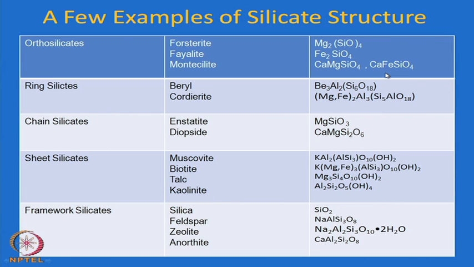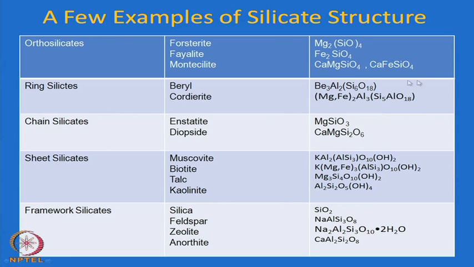It is a complex silicate. As you can see here, 2 Mg is satisfying the 4 charges, whereas here one calcium and one magnesium together satisfy the 4 negative charges of SiO4. So, this is another kind of mixed silicate, calcium magnesium silicate.